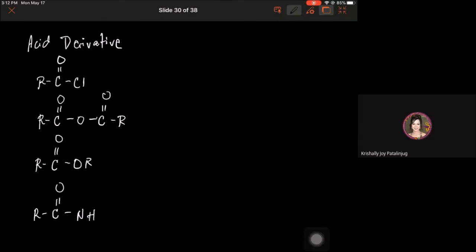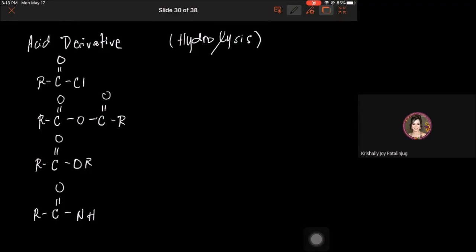Now, generally, these acid derivatives undergo hydrolysis reaction. So I will just be introducing hydrolysis reaction among these acid derivatives. When I say hydrolysis, this is simply decomposition of a particular compound in the presence of water.